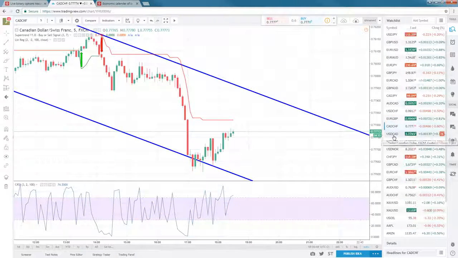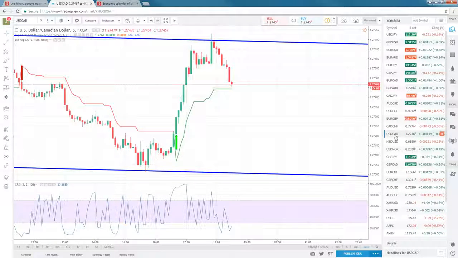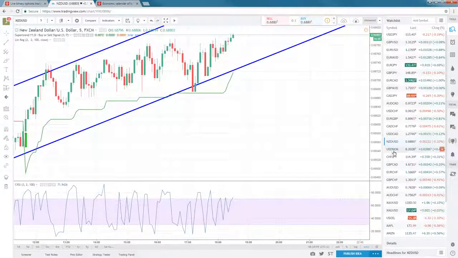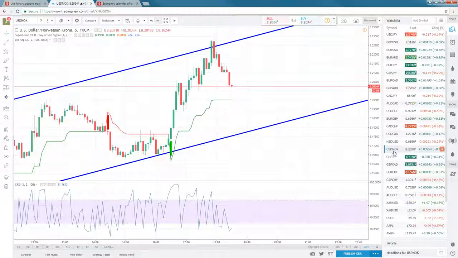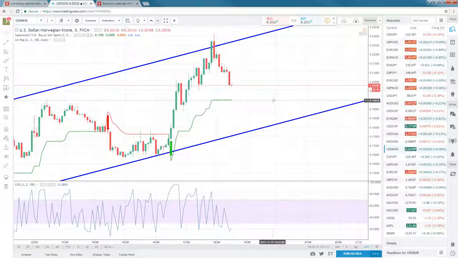Euro GBP, Canadian dollar, USD Canadian. Yeah, here we can see that USD started to decrease with several assets. USD and krone.